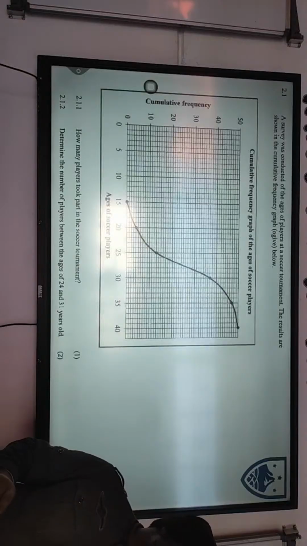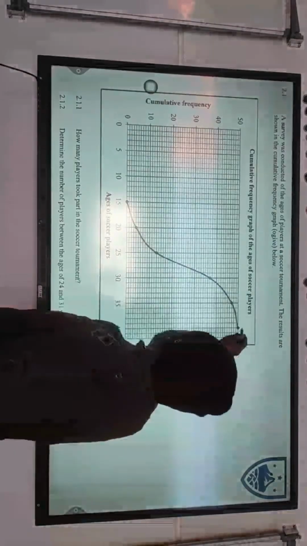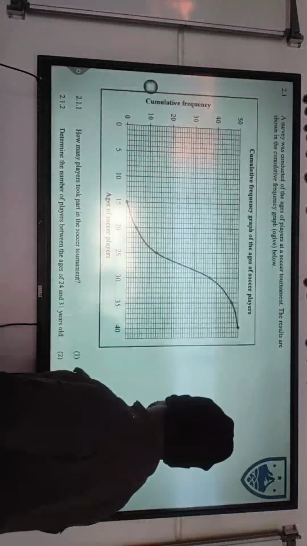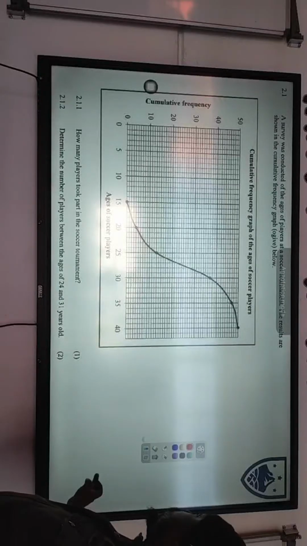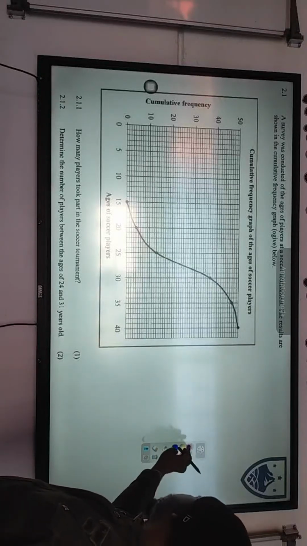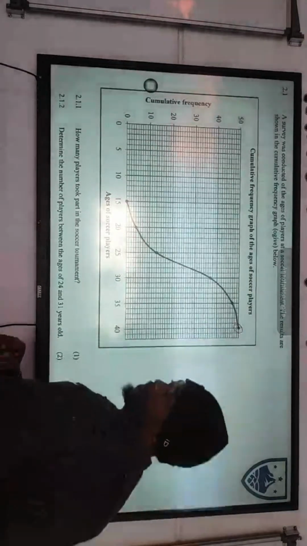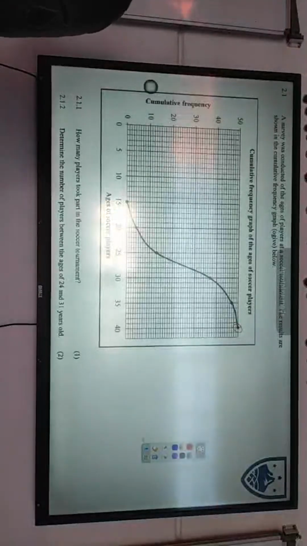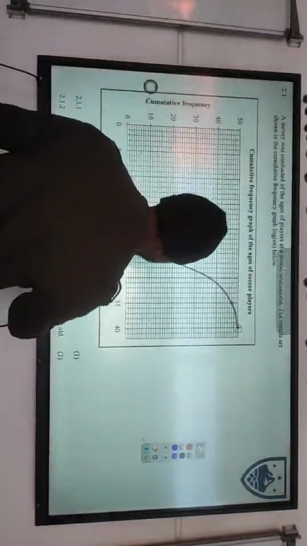It's the fifth, it's the last one, because it's cumulative. Even when you draw it, the last part will simply be the total number of the people involved in that state. So it will just be 50, this one.